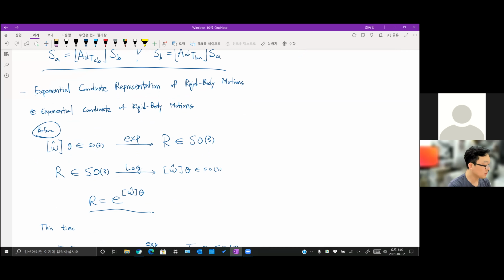So actually we learned about the exponential coordinate representation, using small so3 to get large SO3. This small so3 was some kind of skew symmetric matrix, and this one becomes a rotation matrix.